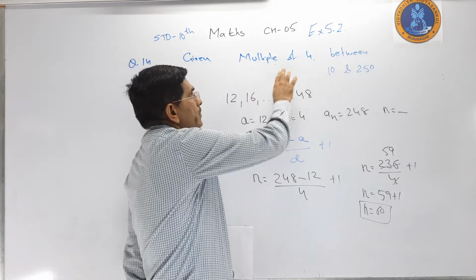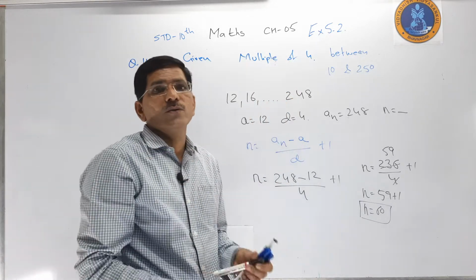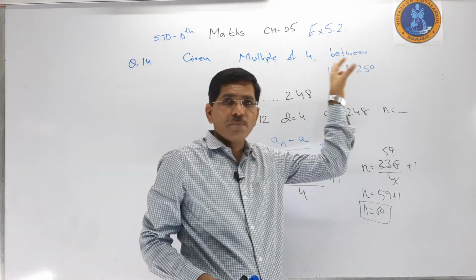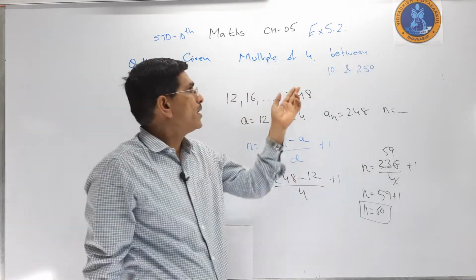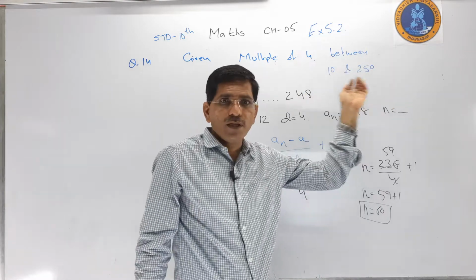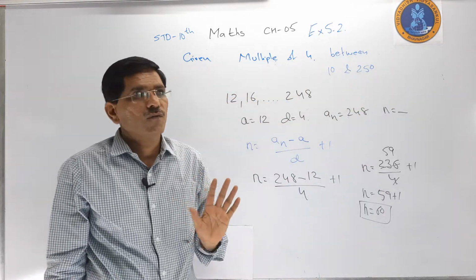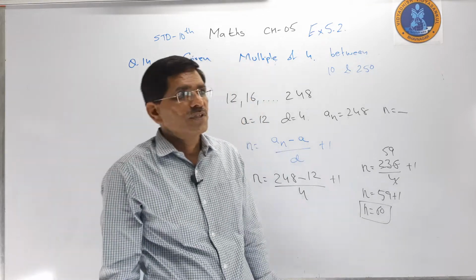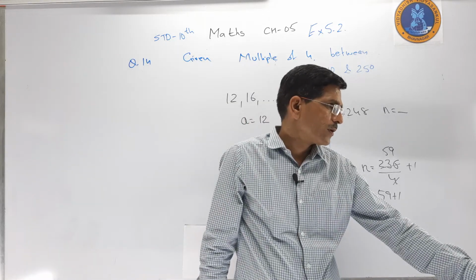How many terms are there between 10 and 250 that are multiples of 4? So there are 60 numbers which are multiples of 4.